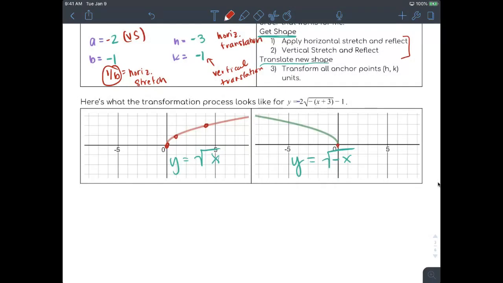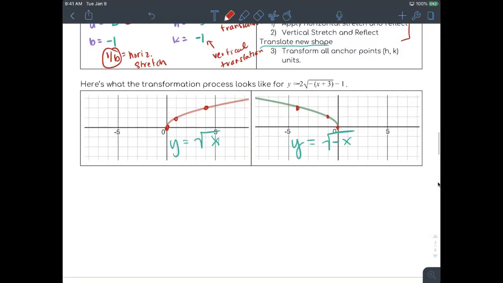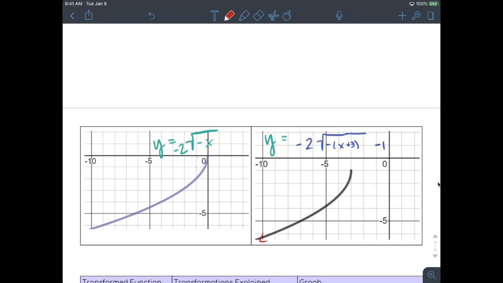So all my anchor points are going to move to the left of the graph. Then I'm going to apply the negative 2, which affects it vertically, flips the graph, and doubles each one of these anchor points. So instead of at 1, we're going to move to negative 2. At 2, we're going to move to negative 4.